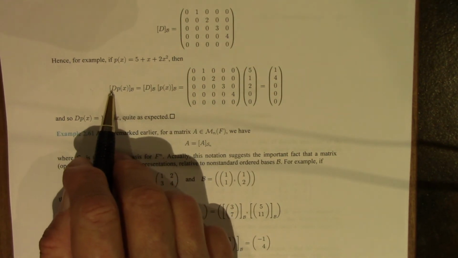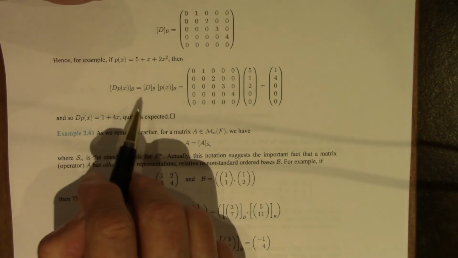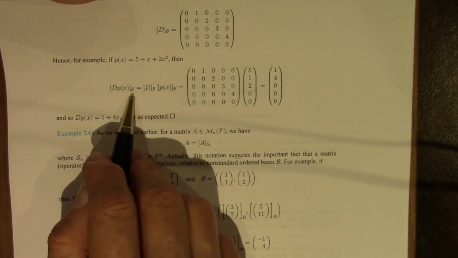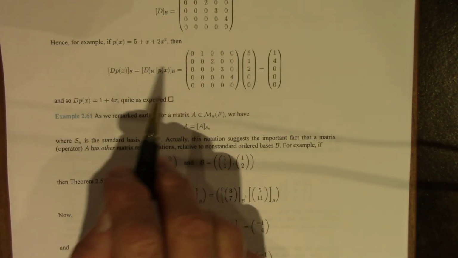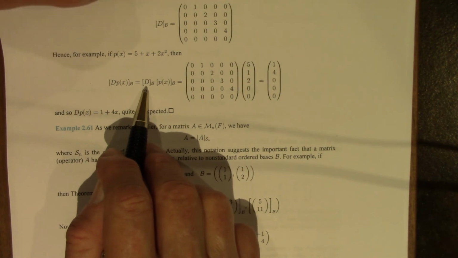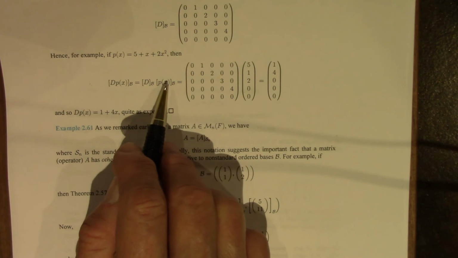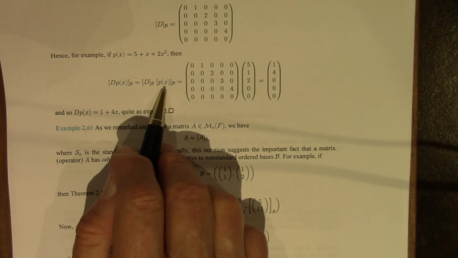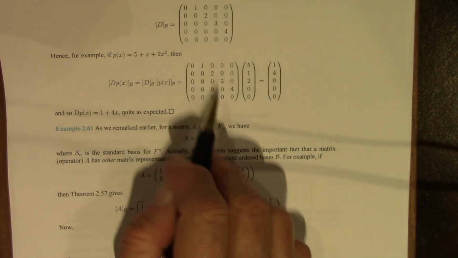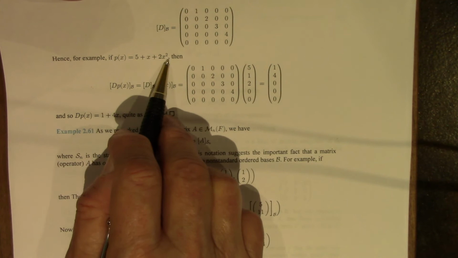So if we want D of P of x, we'll settle for its B coordinate matrix, because then we can use that to actually get D of P of x. And that's the D matrix, the matrix representation of D times the B coordinate matrix of the vector P of x. So that's this matrix here, and this is the coordinate matrix for this.